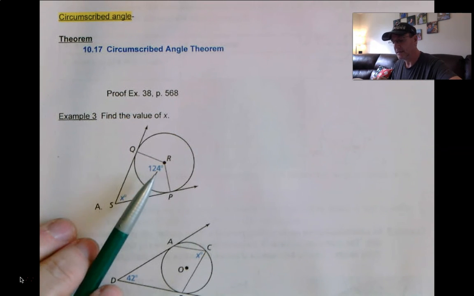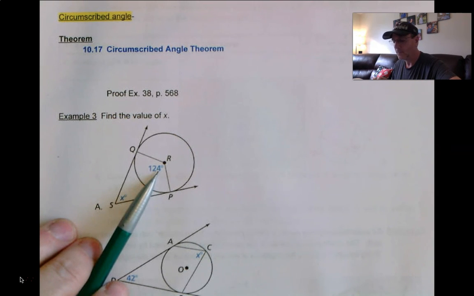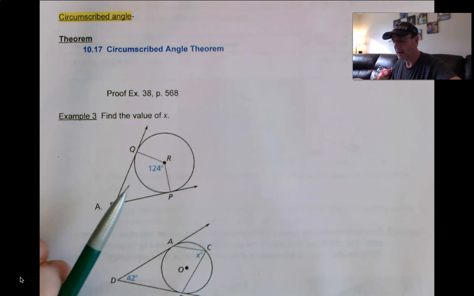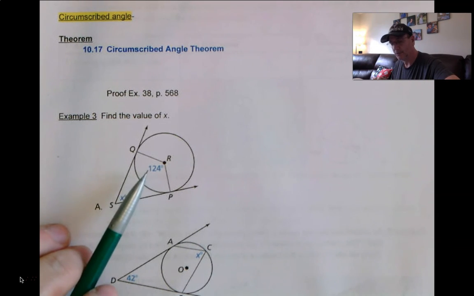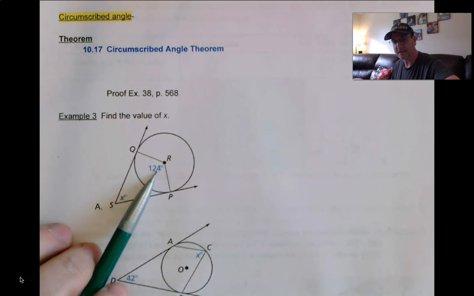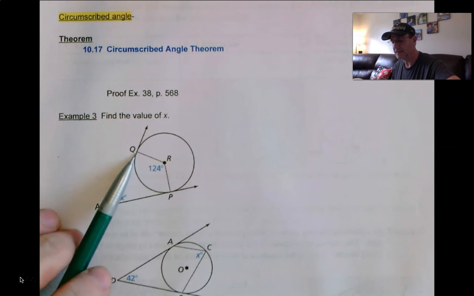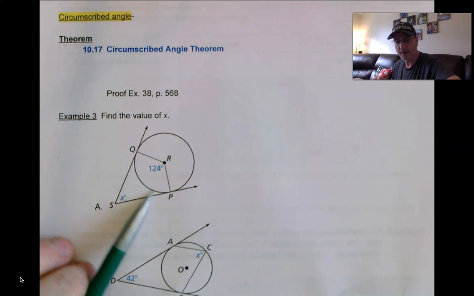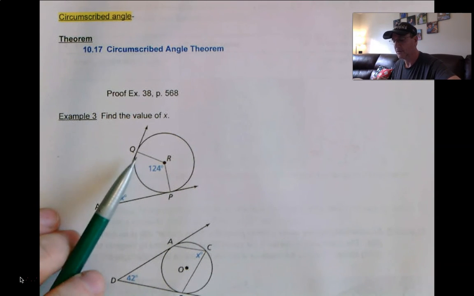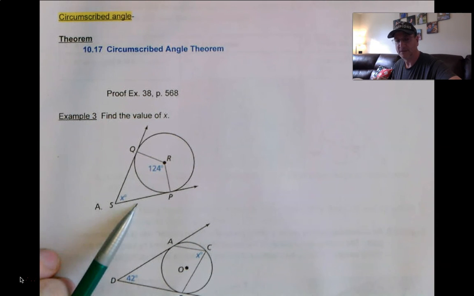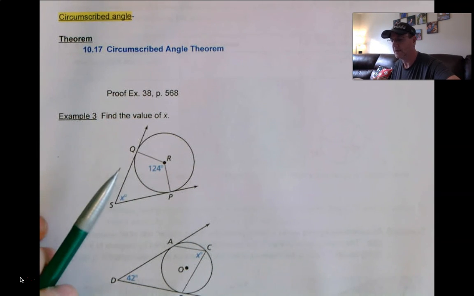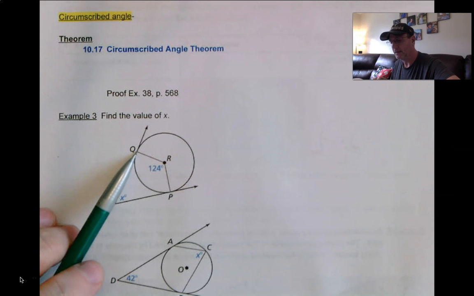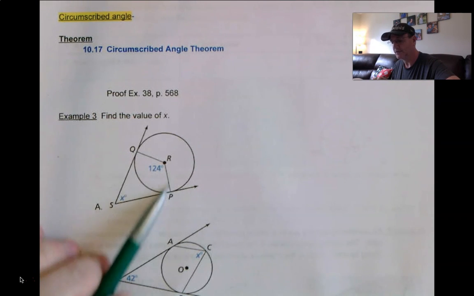It tells us that the exterior angle is equal to 180 degrees minus the central angle that intercepts the exact same arc, QP in this case. This is formed by two tangents, so this angle's got to be formed by two tangents, circumscribed angle theorem, and the intercepted arc, and then you get your central angle.